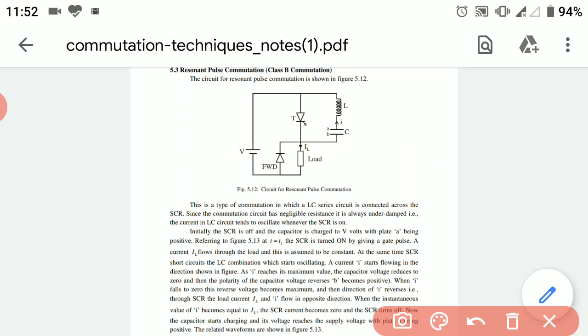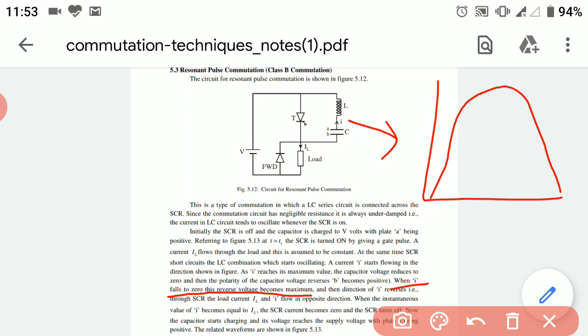This I first attains its maximum value, then it starts decreasing.